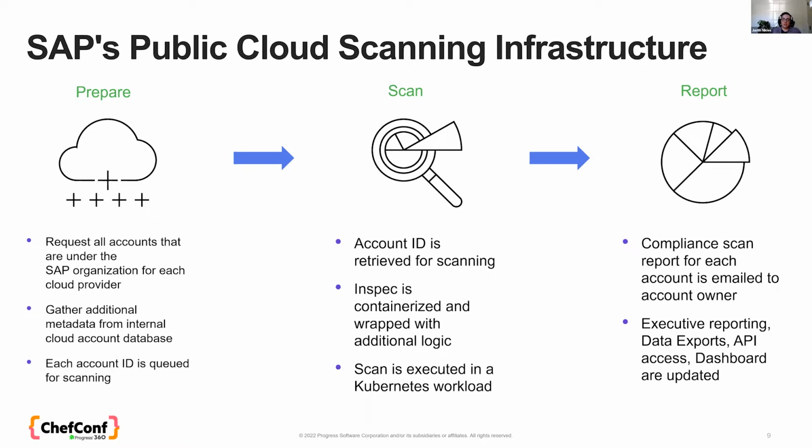And then once we move on to the reporting section, this is where we aggregate data, send out compliance information to account owners and executives to get a better understanding of where a particular account, where a particular line of business is when it comes to compliance and security.